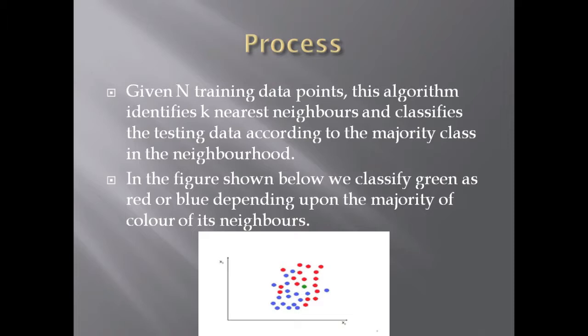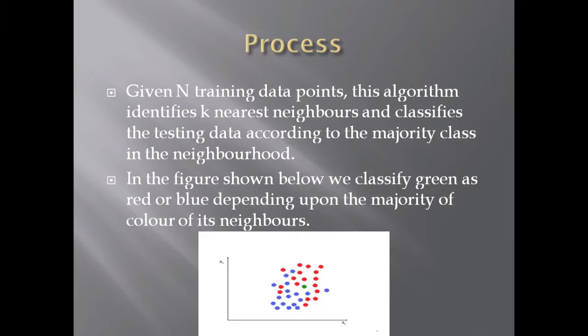As you can see in the diagram, we know that the red dots belong to one category, and the blue dots belong to another category, and we have to classify the green dot as either the red category or the blue category. As the name suggests, we have to find the k nearest neighbors, and whichever class has the majority, the green will be classified in that class.